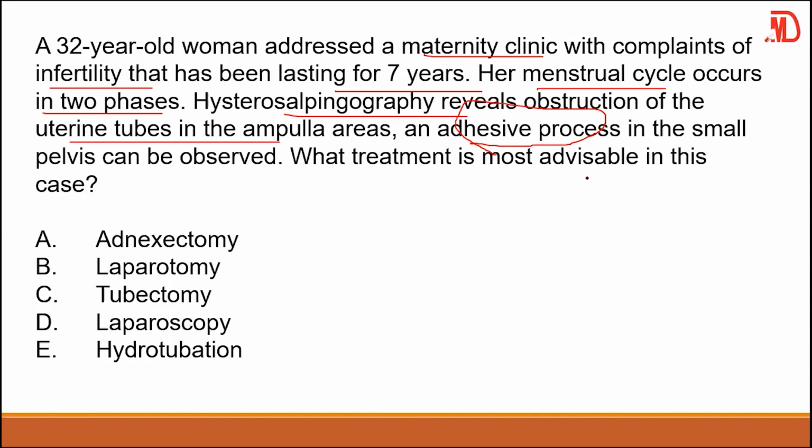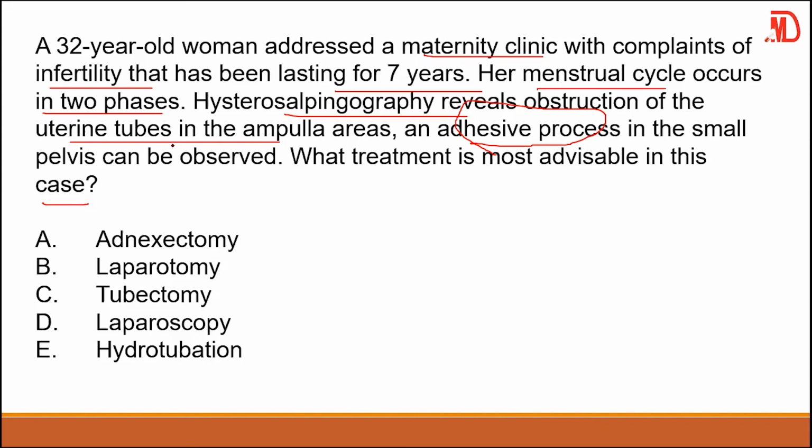Now, what treatment is most advisable in this case? Of course, we're having a problem inside the uterine tube, so it's not really a big case for you to open the woman up. You can just use a camera to view that area, and by using a camera, we're referring to a laparoscopy, whereby you make a small incision in the abdomen or pelvis with the aid of a camera.